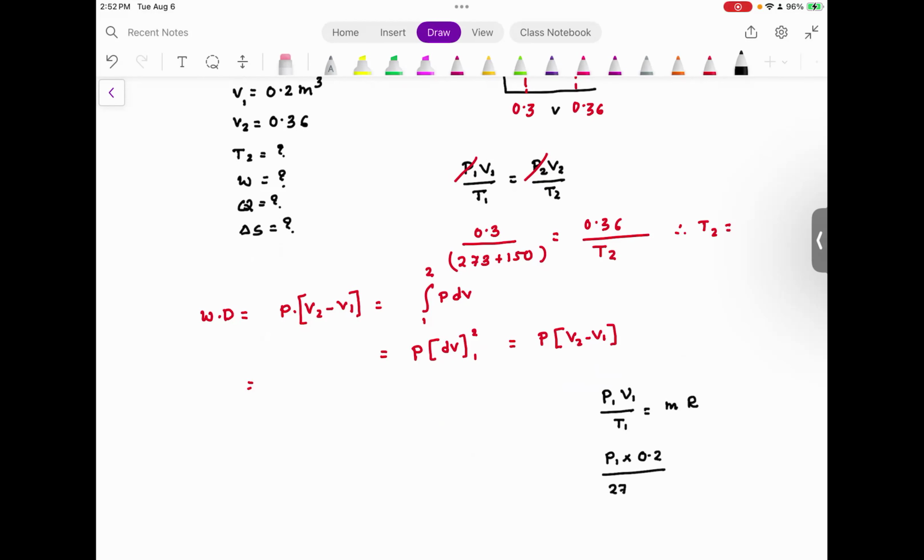Temperature is 273 plus 150, mass is 1 kilogram, and the R value for nitrogen is 297. With that, we should be able to find the value of P1. Once we know the value of P1, which is the same as P2, substitute this value here. V2 is 0.36 minus 0.3, and then you'll be able to find the work done in joules.